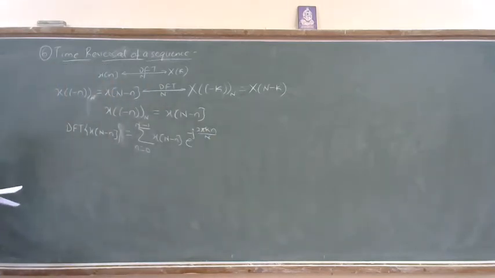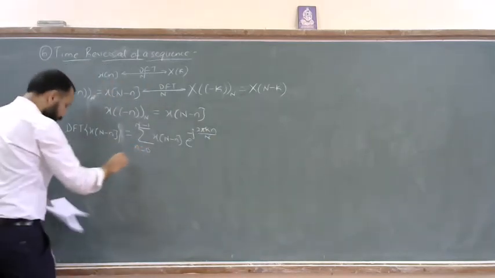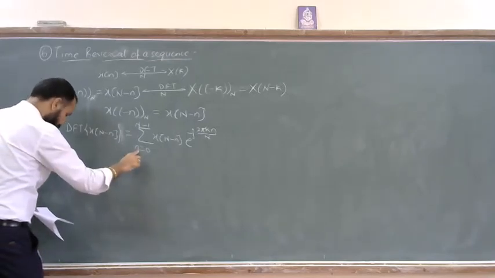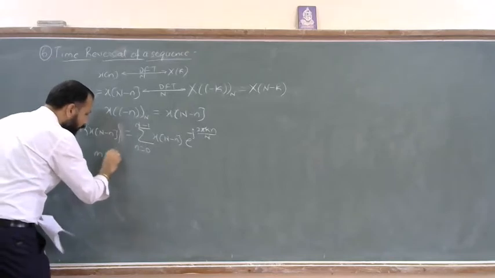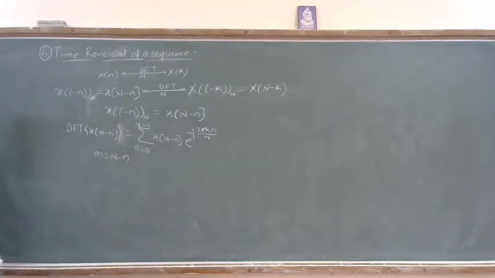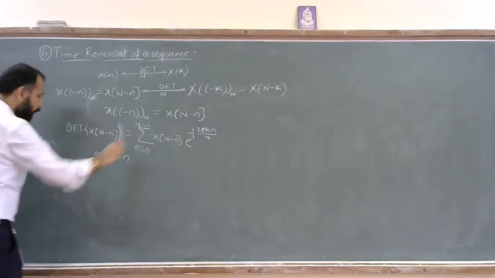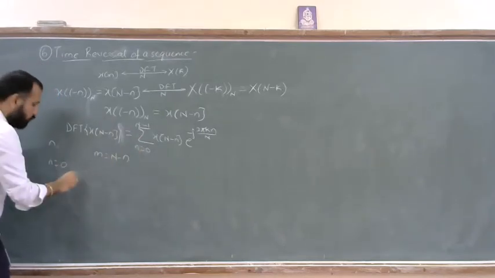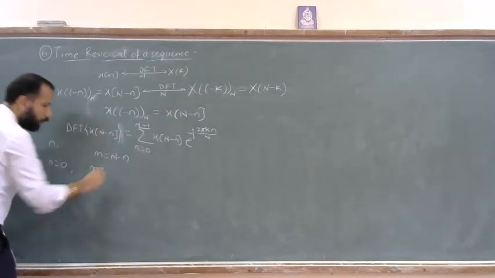Okay. Now, let us change the index from n to m, where m equals N minus n. Now, when n is equal to 0, what will be the m value?